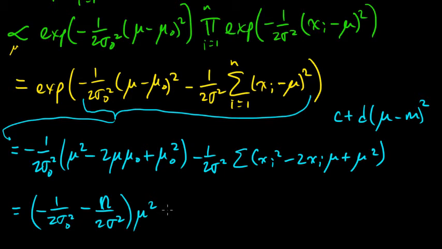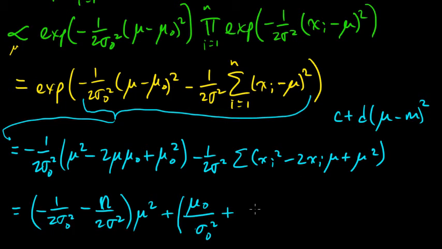And then we're going to have the mu's. So let's pull together all the mu's. This is going to be mu naught over sigma naught squared, plus, we multiply this, the 2 cancels there.